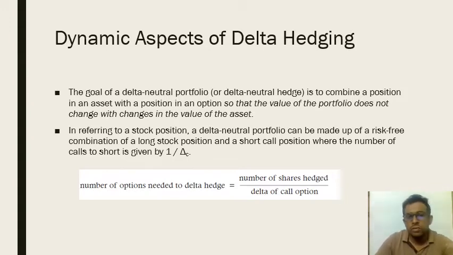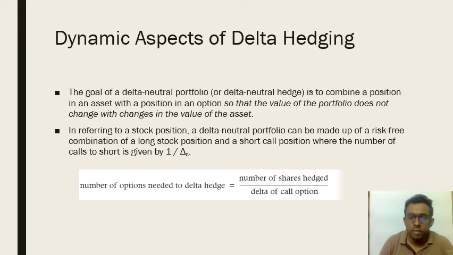This can be achieved by using the formula: number of options needed for a delta hedge is equal to number of shares hedged divided by delta of the call option. So this is how we manage the number of options, so that the change in the call option is equal and opposite to changes in shares.